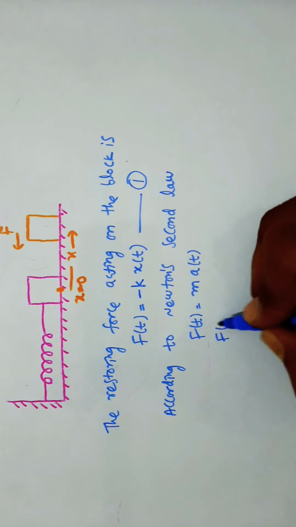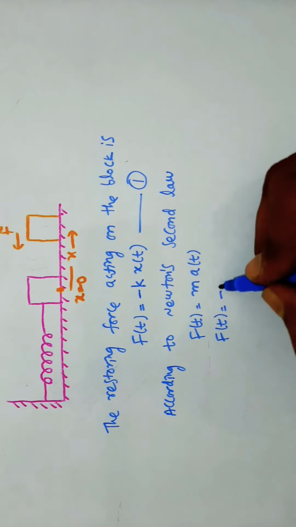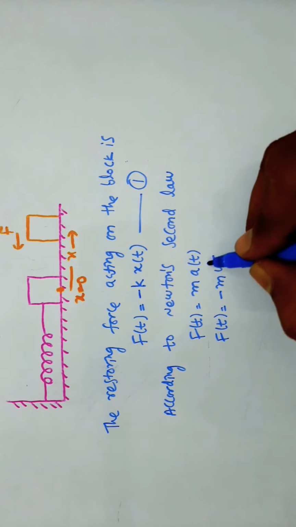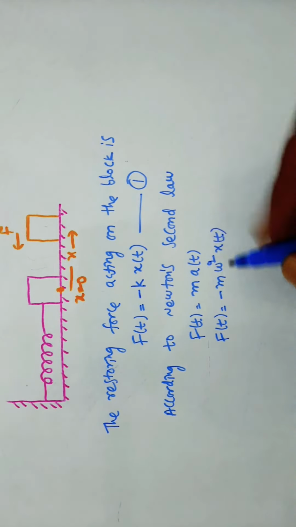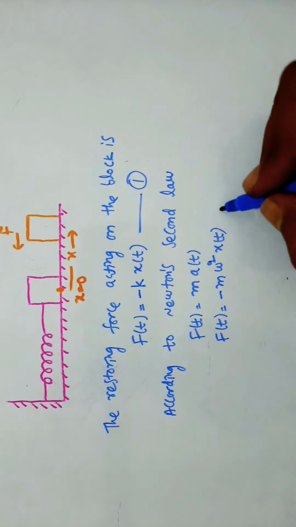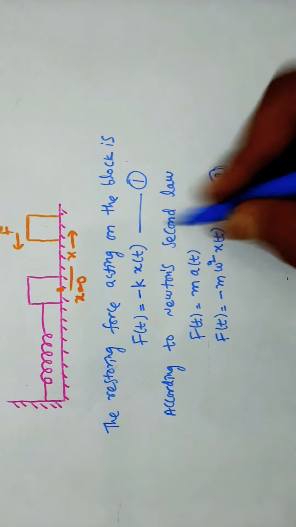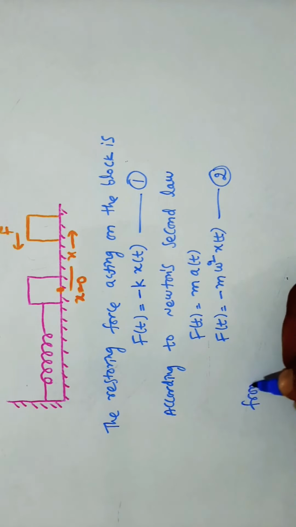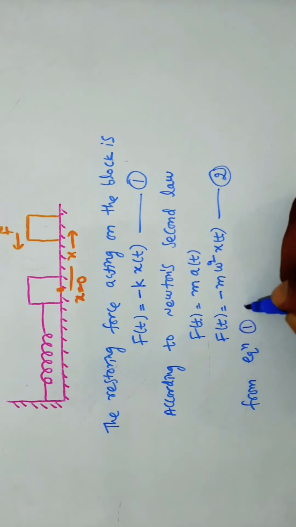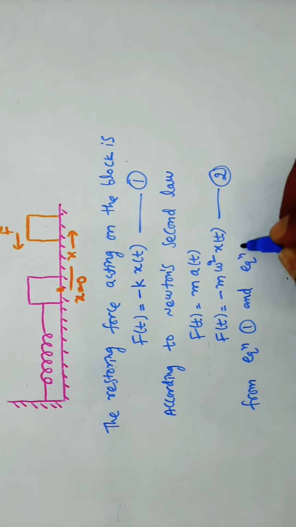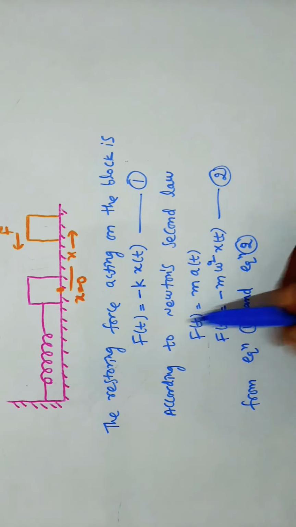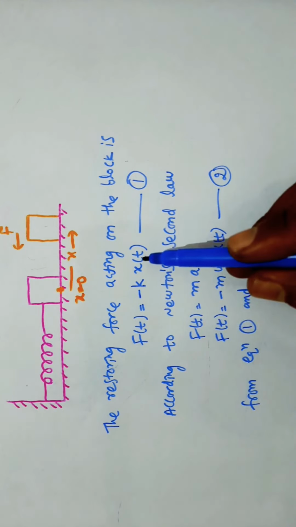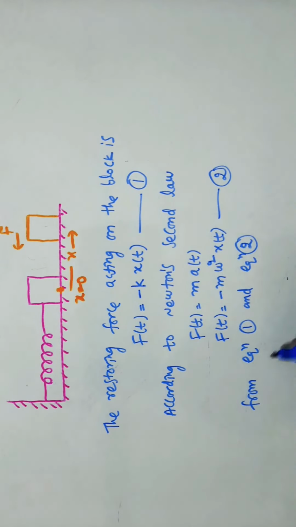So from this, F(t) we can write as minus m into omega square x(t). Let us take this as equation 2. From equation 1 and equation 2, LHS sides are equal, so RHS sides are equal. That is minus k x(t) is equal to minus m omega square x(t).